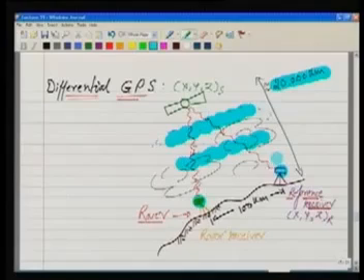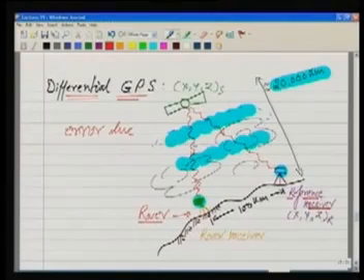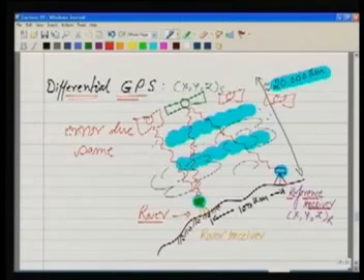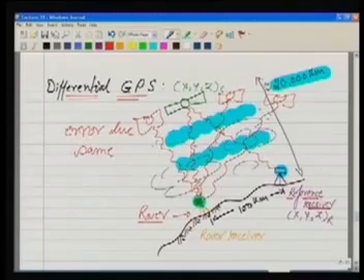So we can also consider that the errors due to the ionosphere and troposphere are the same. At the same time, we can also consider that both receivers are making use of the same set of satellites. So the same satellites are also being observed by this receiver.